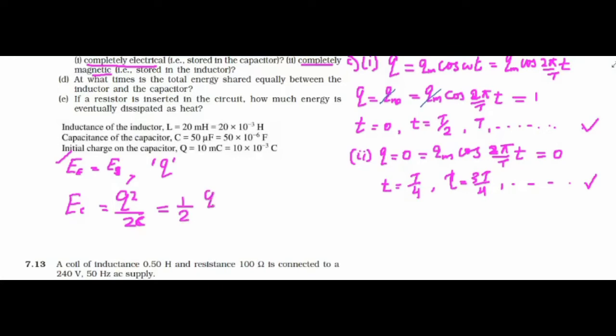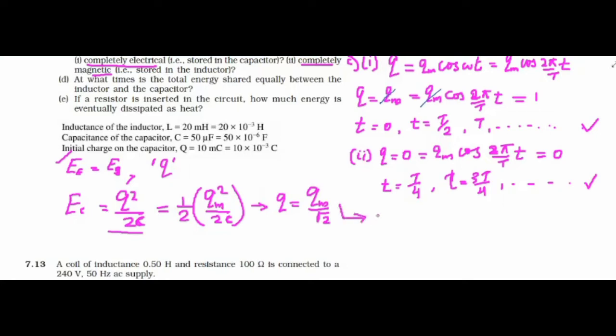The total energy we know is Qm² divided by 2C. Now, you can simplify the equation. When you simplify, you will get Q equal to Qm divided by root 2.